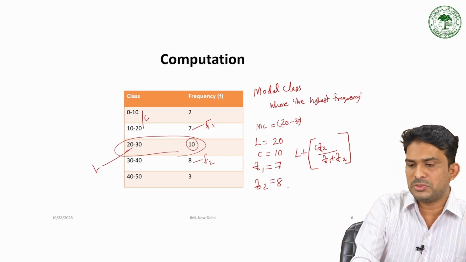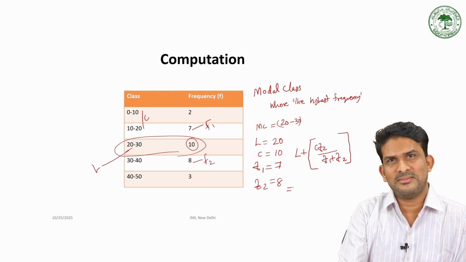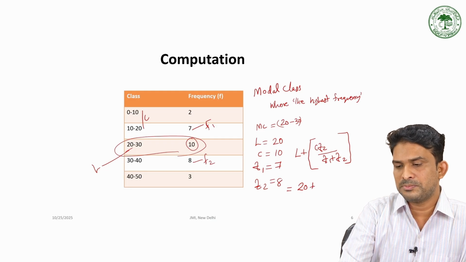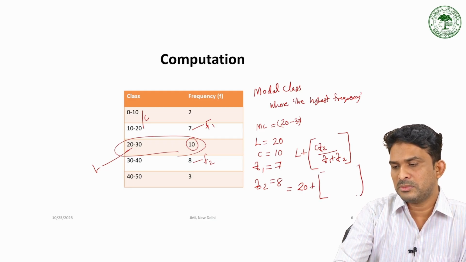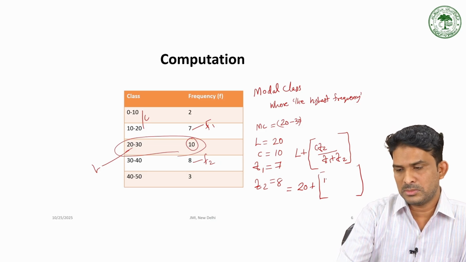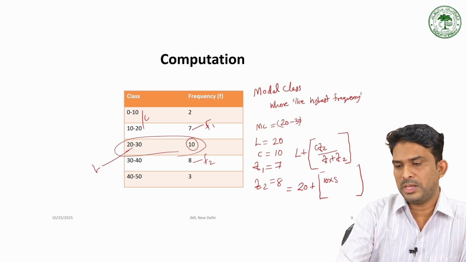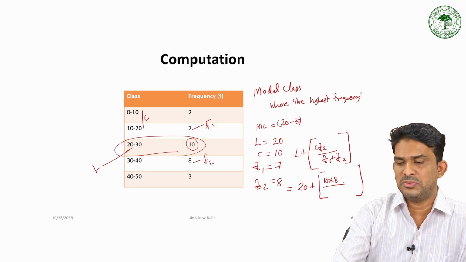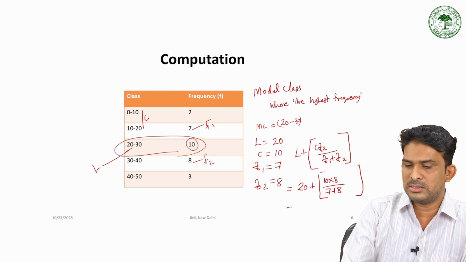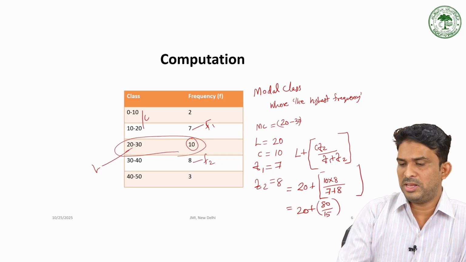So now let us come to L. What is L here? We have mentioned, clear. Yes, 20 plus, come to the bracket. What is in the bracket? C. C is 10. 10 into F2, which is 8, upon F1 plus F2, 7 plus 8. This is the calculation. 20 plus 10 into 8, 80, divided by 15.